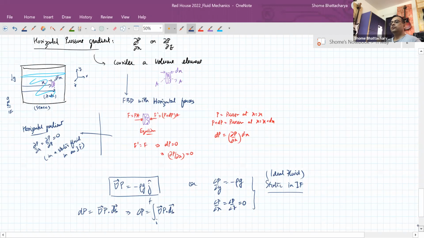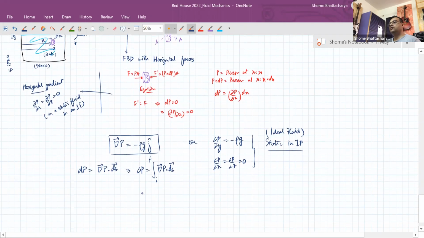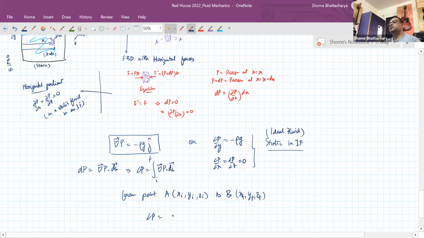So if I'm going from point A, let's say, which has these coordinates, to the point B, the change in pressure, which will be pressure at B minus pressure at A, will be equal to the integration of the pressure gradient from A to B.